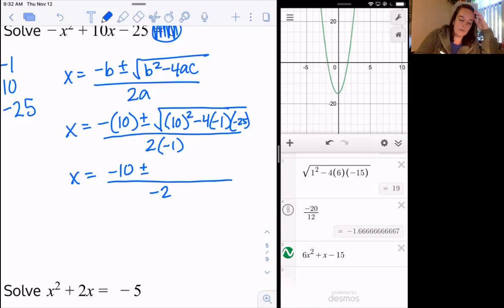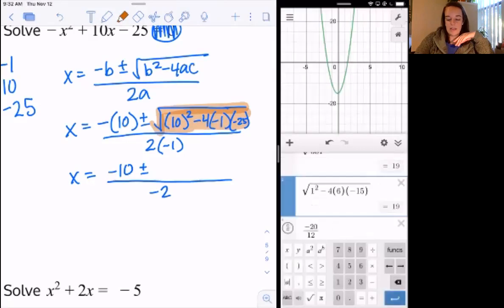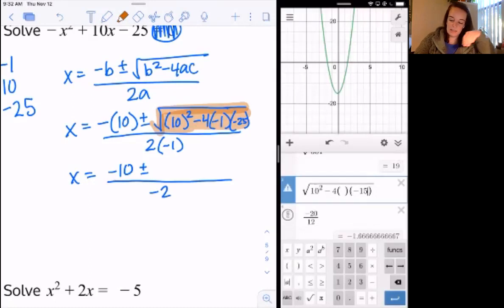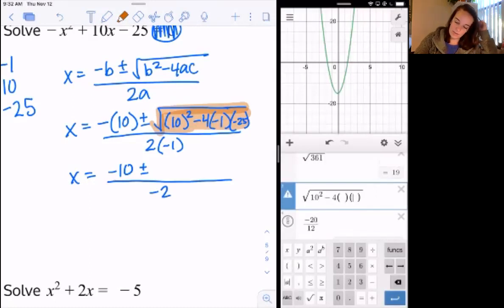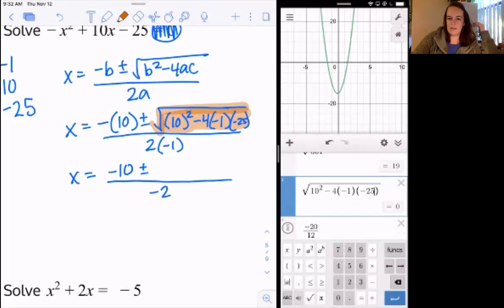And then I deal with the shenanigans underneath the square root. In this case, I'm actually going to use my fancy calculator skills, right? So I already know that this is a 10. I know negative 4 times negative 1 and negative 25. Huh, my answer was 0.